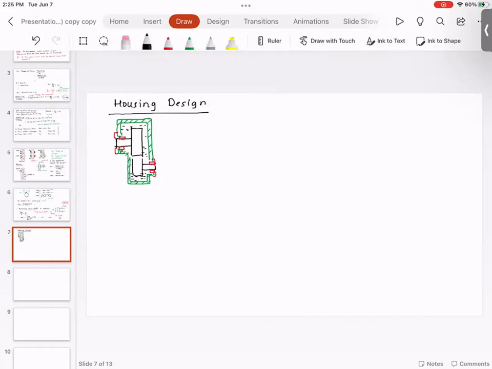Gears typically are about, depending upon how old the gear train is, 80 to 95% efficient.